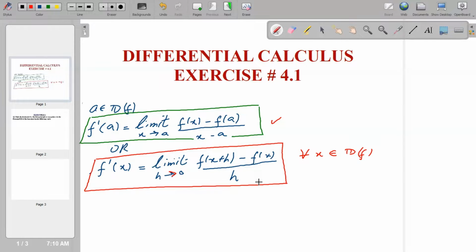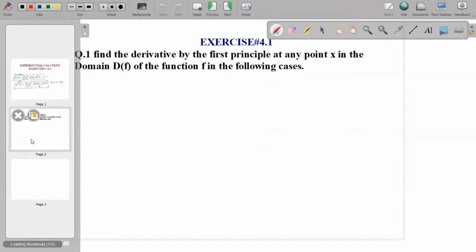So these are the two versions of the first principle method which we will use in this lesson. You can use either one, depending on the question.